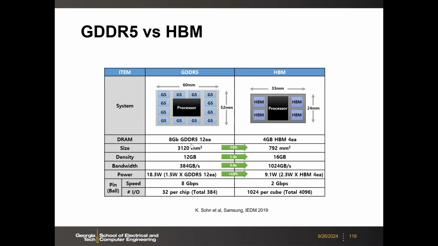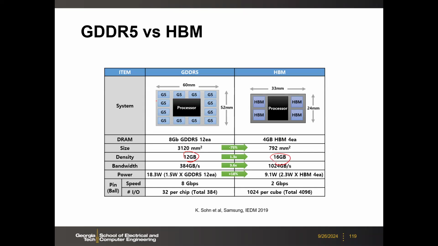So here you see that for GDDR5 you will have like 12 of those 8 gigabit GDDR5 chips, and then here you have 4 HBM stacks, and each one is 4 gigabytes. So the total density right here is 12 gigabytes versus here in total 16 gigabytes.